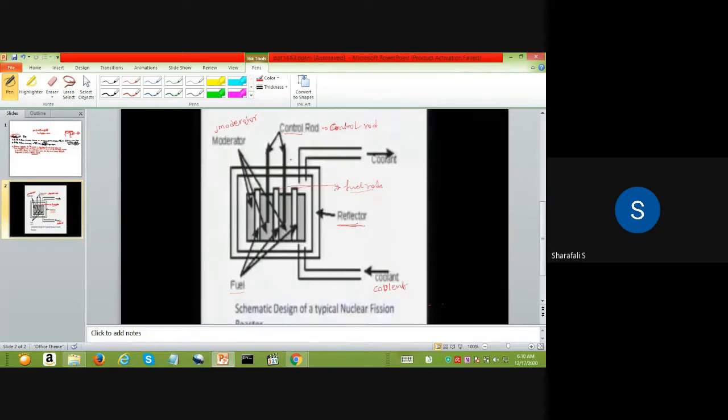I will just explain what happens, the different functions of these parts. So the first part is the fuel. What will that fuel be? In nuclear reactors, we are using nuclear fission. So the fuel will be uranium. Mostly we use uranium.